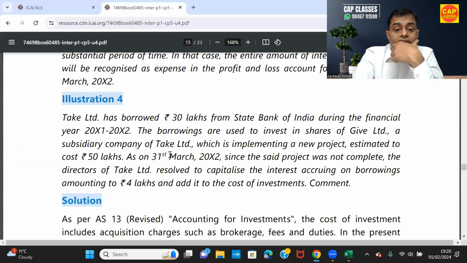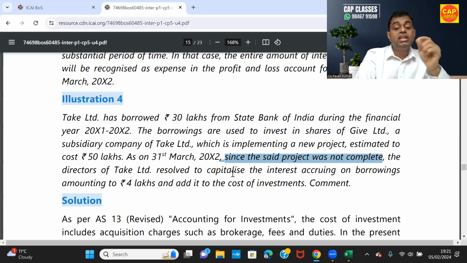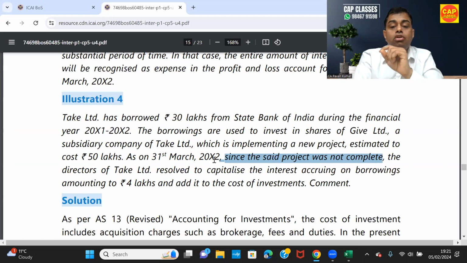So read this. Since the said project was not complete, the directors of Take Limited resolved to capitalize the interest accruing on borrowings amounting to 4 lakhs and added it to the cost of investments. Comment.